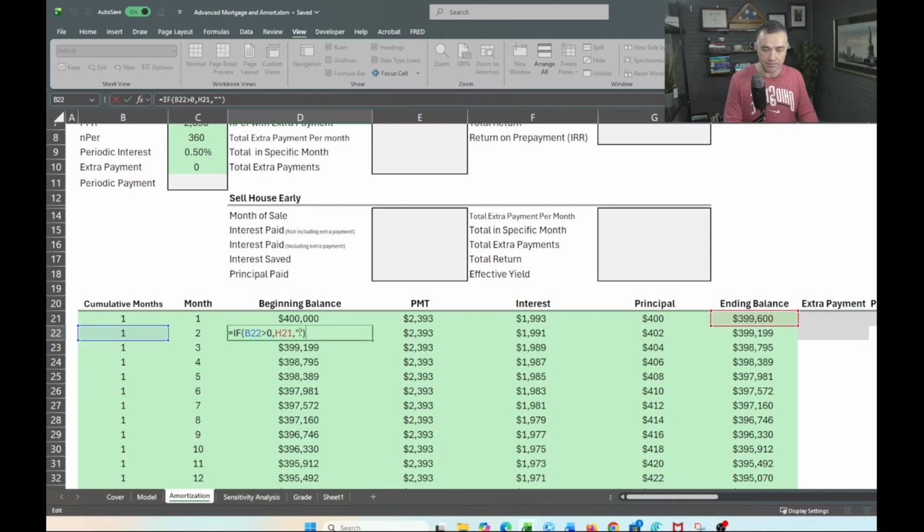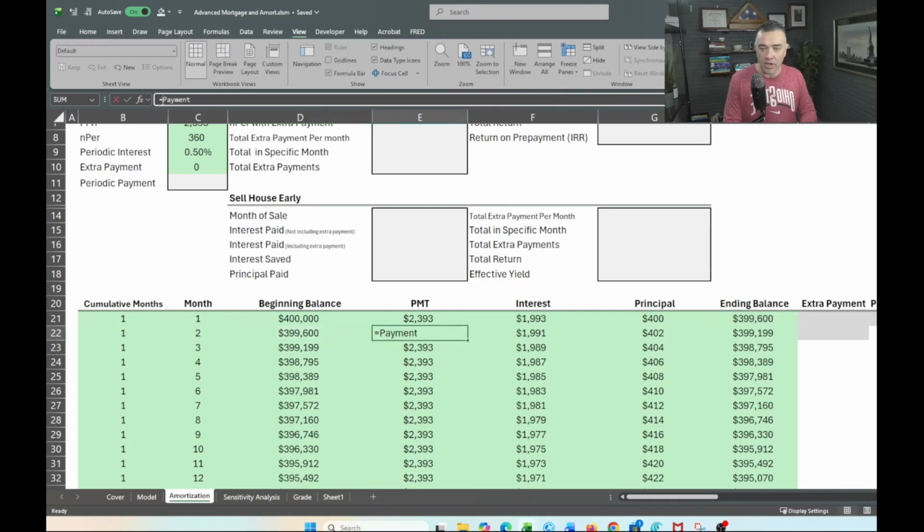That's important. So we're going to do that for each one, and I'm going to go back and correct some things. So if there is a number in there, so I'm saying if it's greater than 0, remember that automatically figures out how many payments we have. So if that is greater than 0, I want to do what we did before.